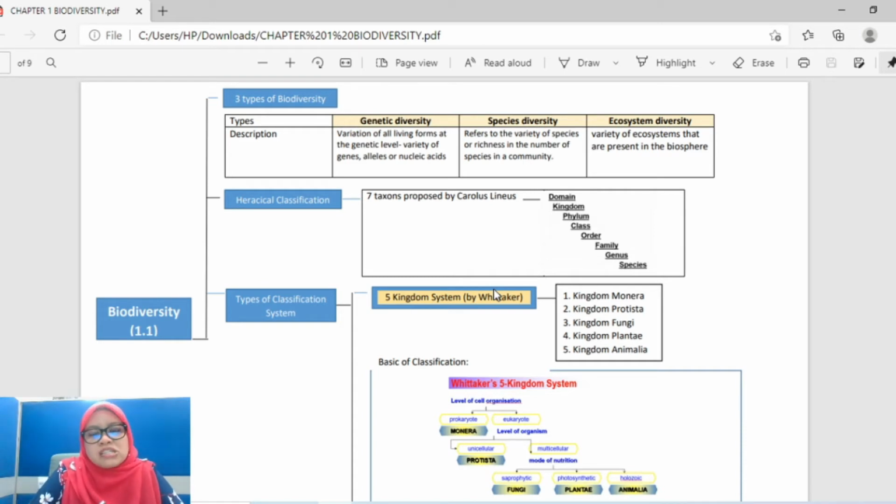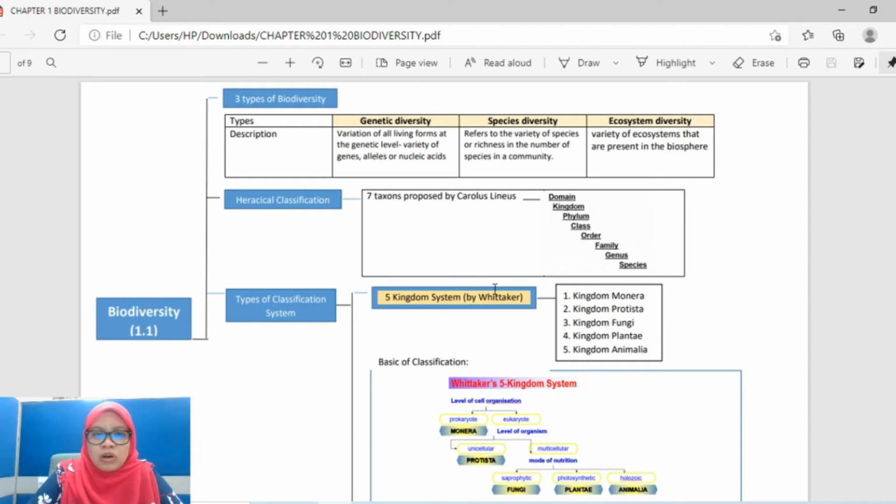And then we have ecosystem diversity. So, ecosystem diversity is the variety of ecosystems that are present in the biosphere. So, for example, kita ada lake ecosystem. Bila kata lake ecosystem, dia punya abiotic component mempengaruhi biotic component. Contohnya, we know that lake ecosystem dia adalah fresh water, iaitu air tawar.